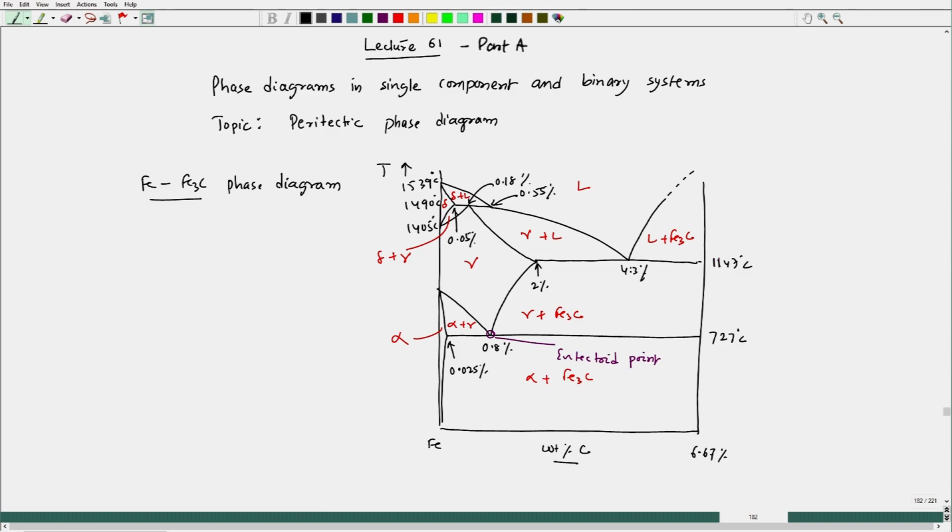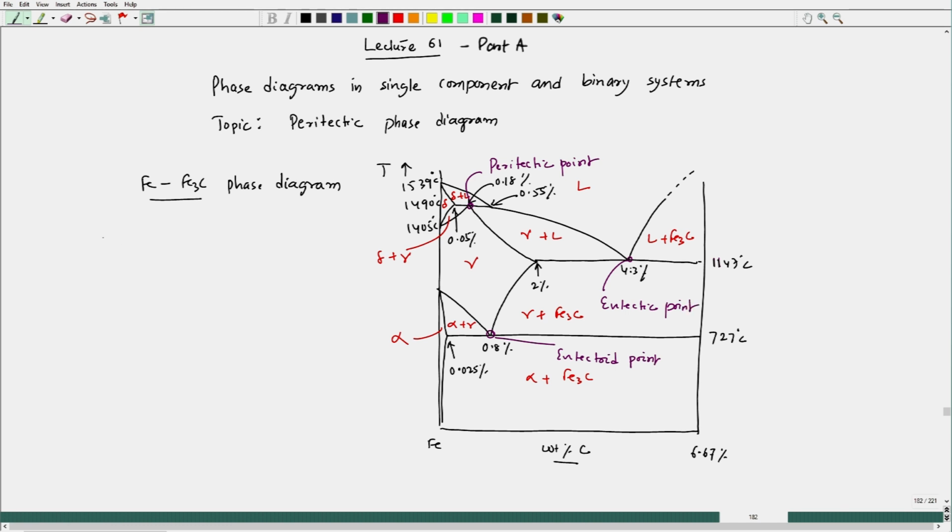This is the eutectoid point. This point is eutectic, and this particular point is peritectic. And we have already done the eutectoid and eutectic points.